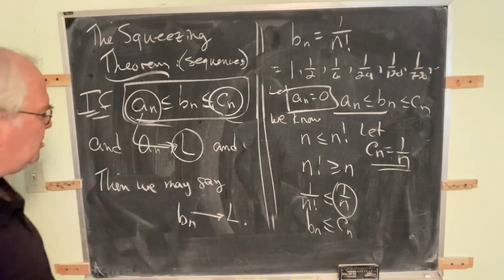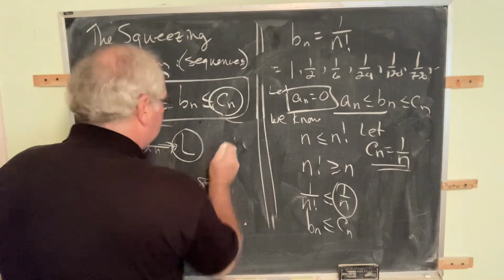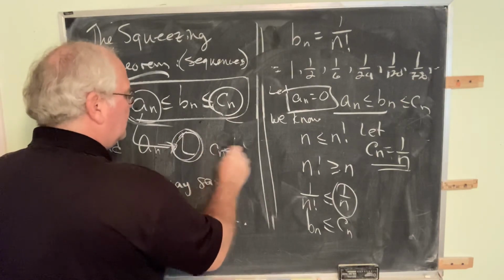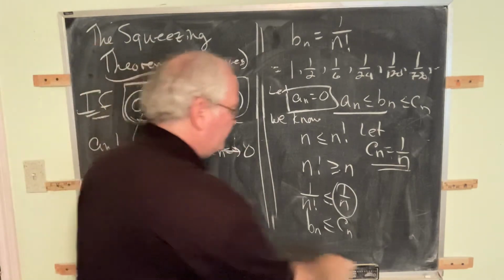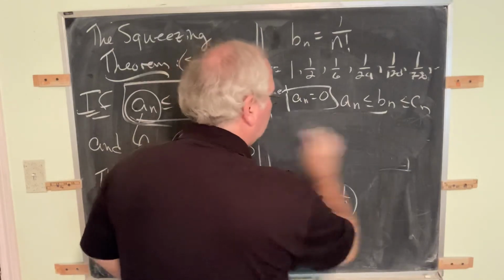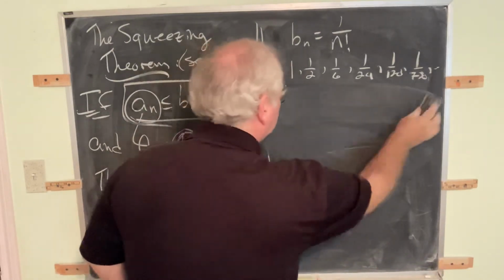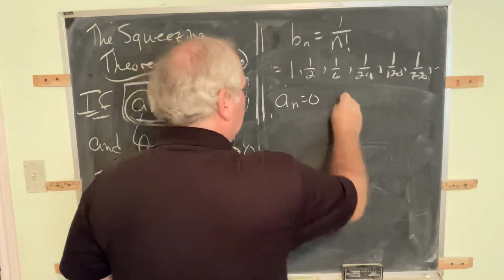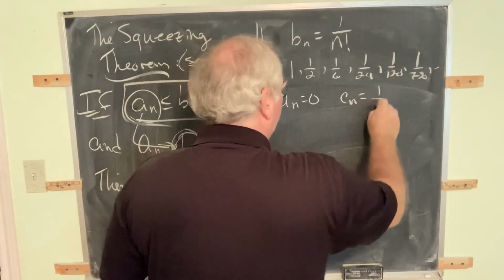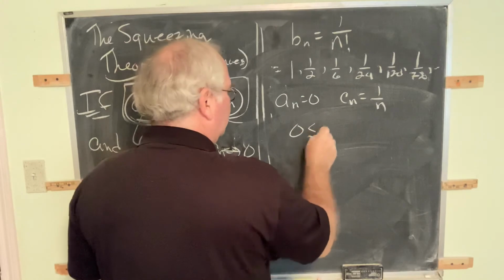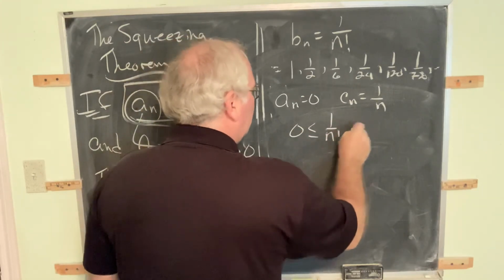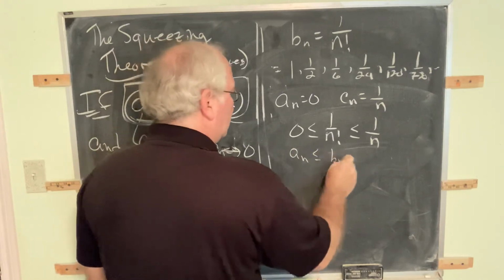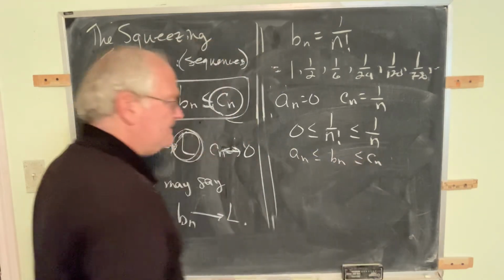The next thing I have to show is that an goes to L, or in this case, 0, and cn goes to 0. Well, look. an is uniformly 0, cn is 1 over n. So we do have zero less than or equal to 1 over n factorial, less than or equal to 1 over n. an, bn, cn.